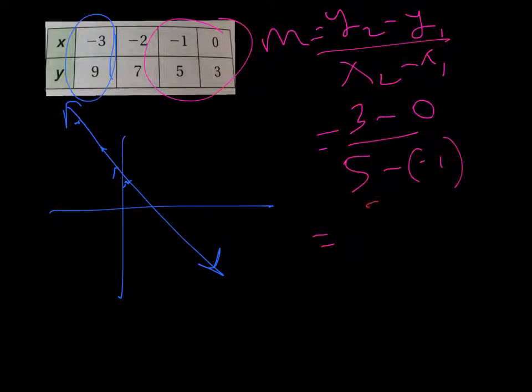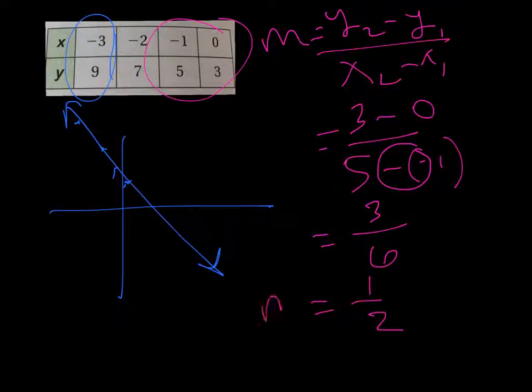That equals 3 minus 0 is 3, and 5 minus -1 is 5 plus 1, because that makes a positive, so 6. So that equals 1/2. So m equals 1/2.